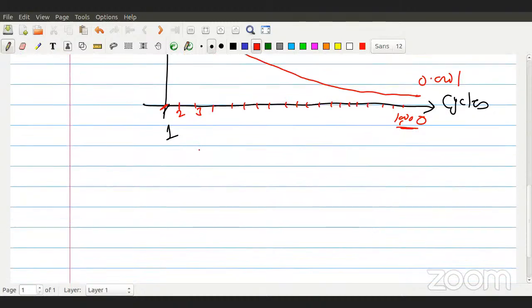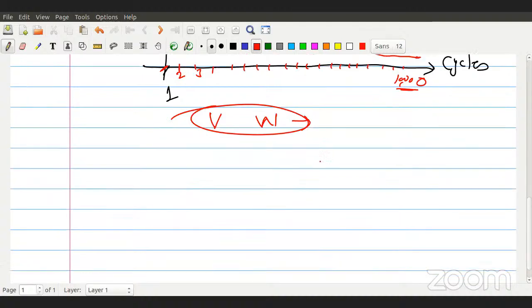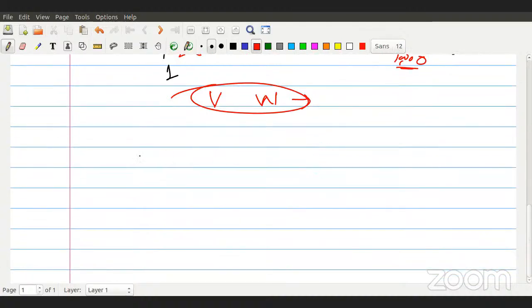So here what you have are V and W. These weights are the trained weights achieved after the training. That means your training is successful. Now you have to use this in a hospital.